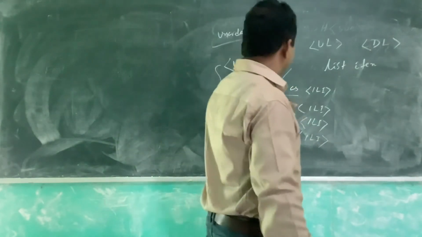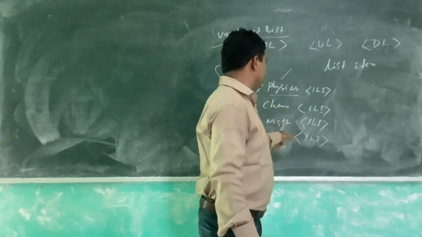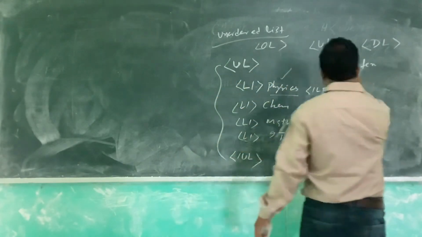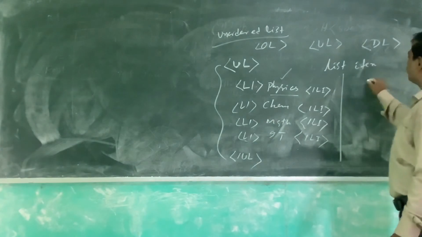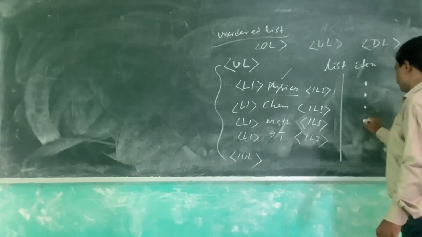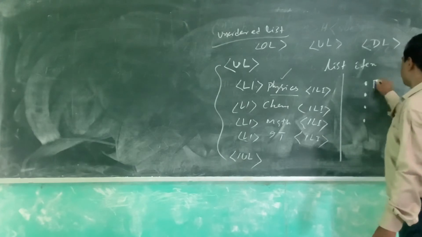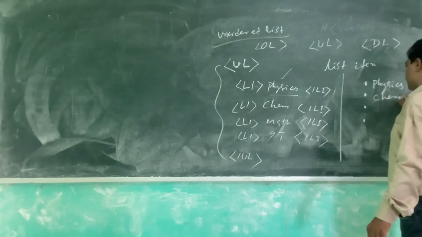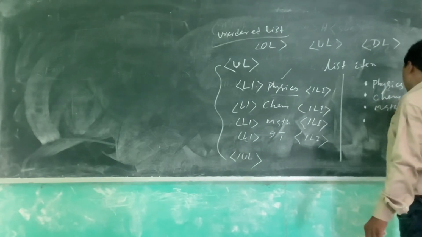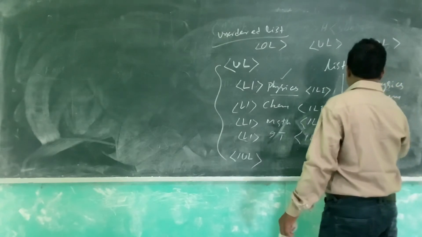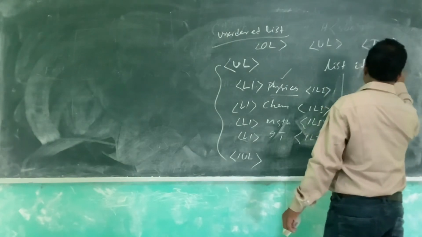Then you only have to change the name of the item. Here in the output window, you will see the output like this: physics, chemistry, math, and the default bulleted style is this.